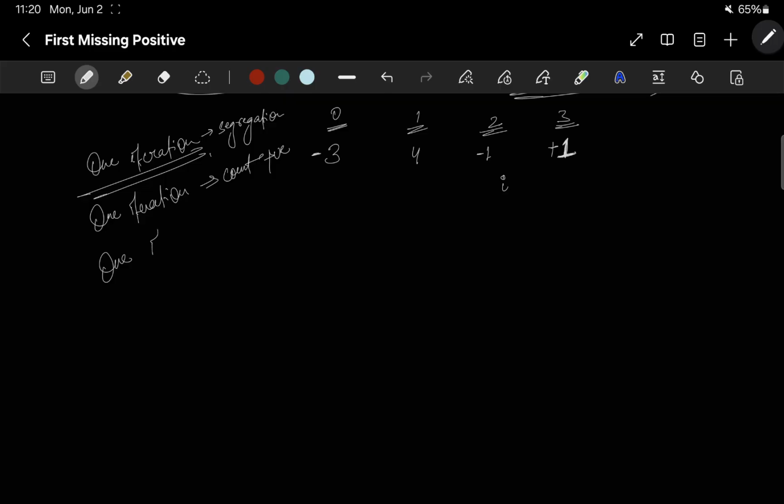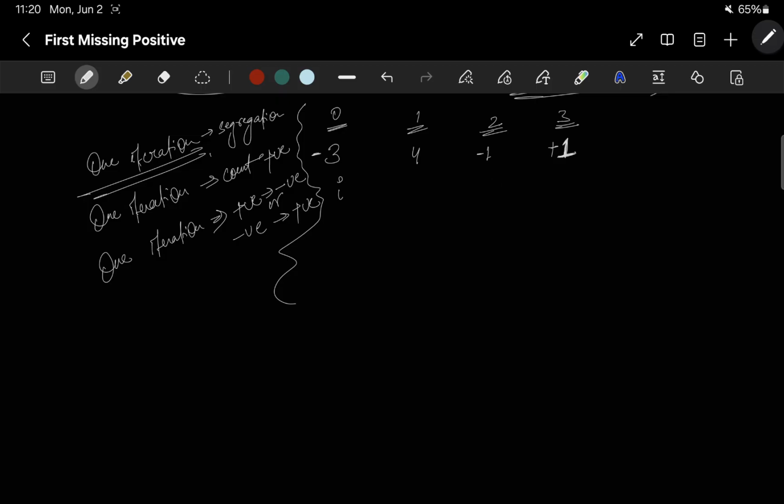Then we did one iteration for making numbers positive to negative or negative to positive, whatever we did. And then we will do one more iteration, where we start iterating from here again.